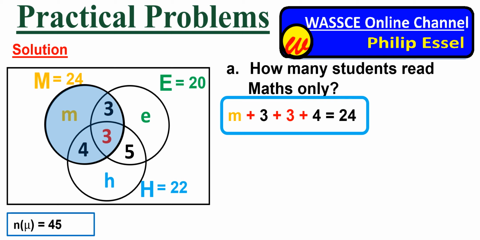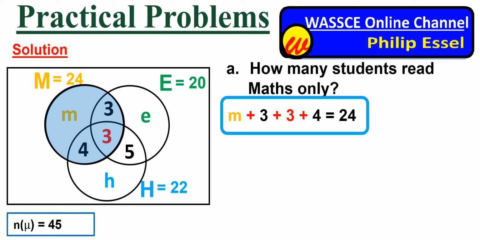Now let's solve this equation mentally. So we have m plus 3 plus 3 plus 4 equals 24. When you add 3, 3, 4 together, you would get 10. So you'd have to move the 10 to the right side of the equation and it is subtracted from the 24.